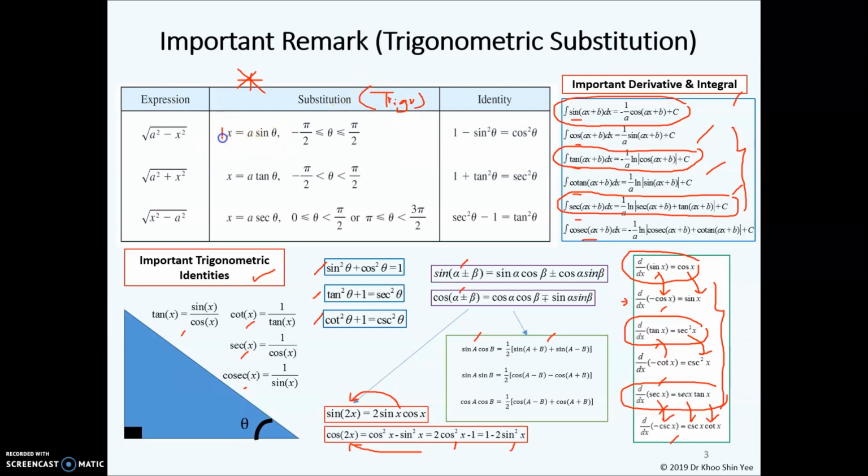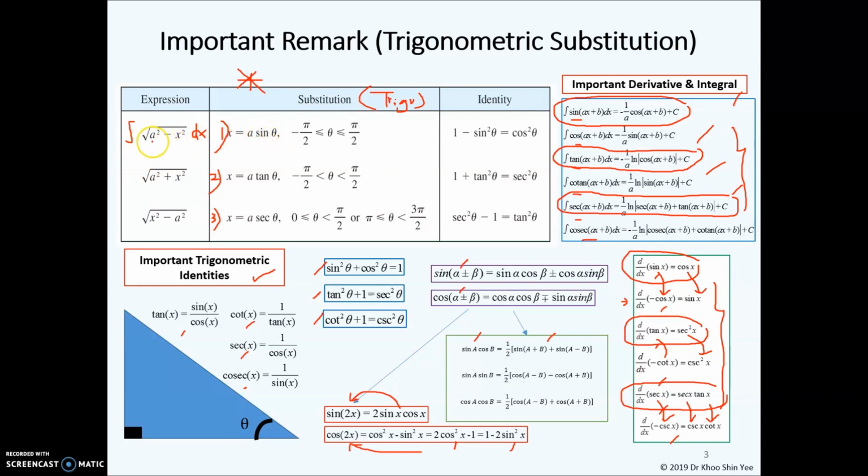First of all, you have this substitution x equal to a sine angle. Second, you have a tangent angle. Third, you have a secant angle. So when should we use these? When you have to integrate this function with respect to x, then you can use x equal to a sine angle.